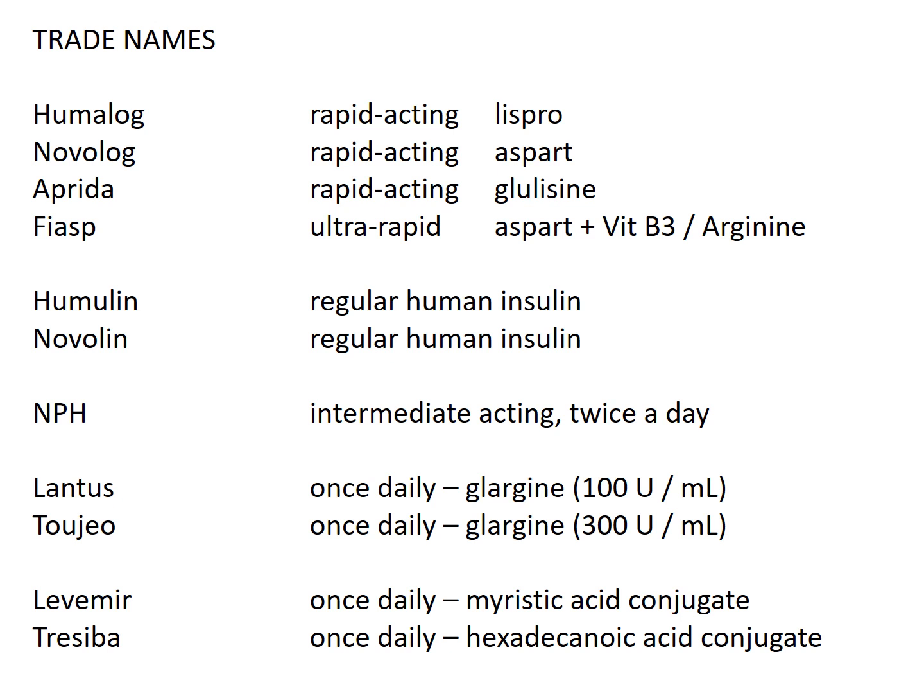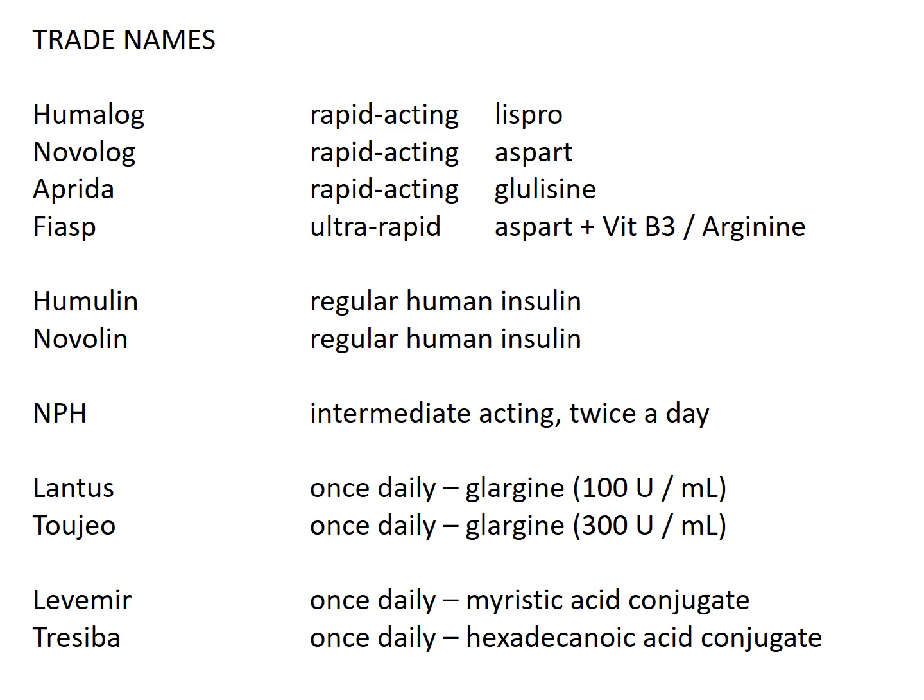Levemir has been conjugated to myristic fatty acid, and Tresiba has been conjugated to hexadecanedioic acid. The fatty acid conjugate gives it a longer duration of effect. The glargine modification, those two additional arginine molecules, also gives insulin the long duration of effect. So Lantus, Toujeo, Levemir, Tresiba, all the long actings.